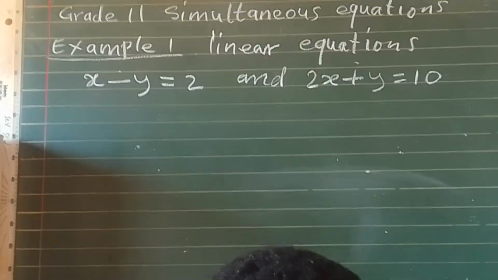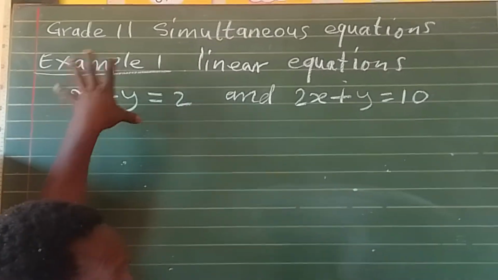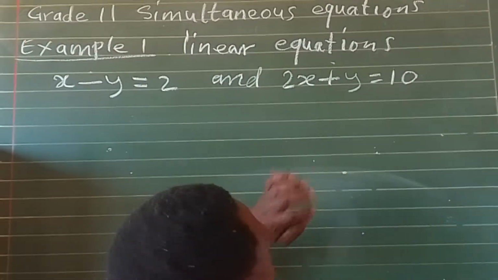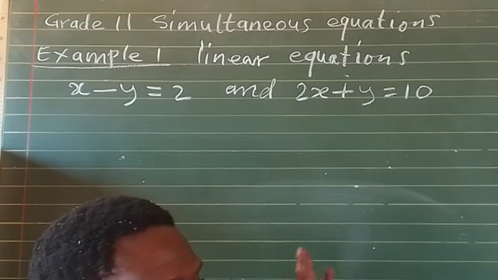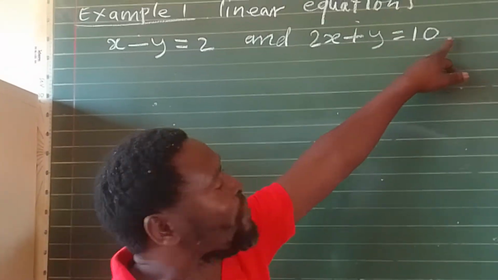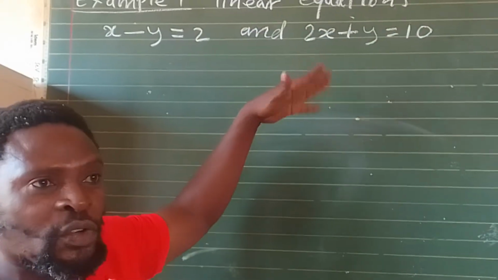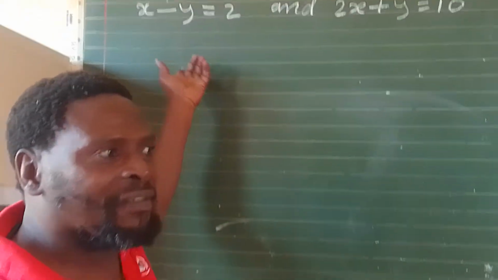If you are given two equations like these ones, you quickly name them equation 1 and equation 2. But my advice is we name this equation 1, we name this equation 2, then we make one of them the subject of the formula of one variable.